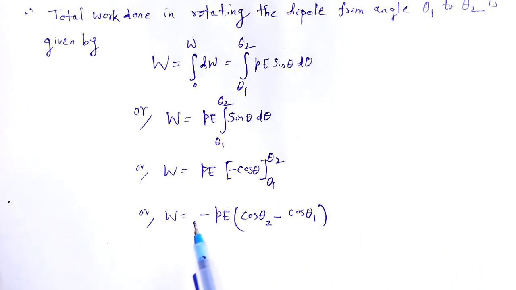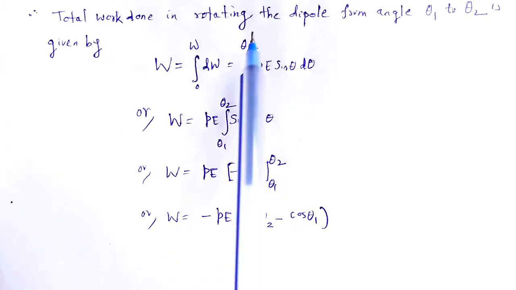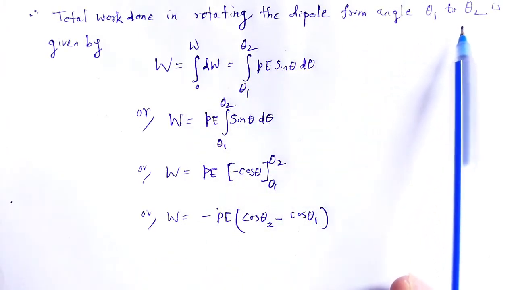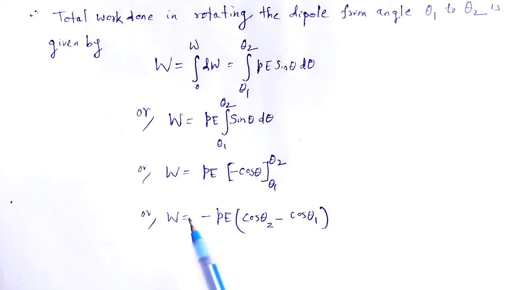The work done in rotating the dipole from the angle theta 1 to theta 2 is stored in the dipole as potential energy.